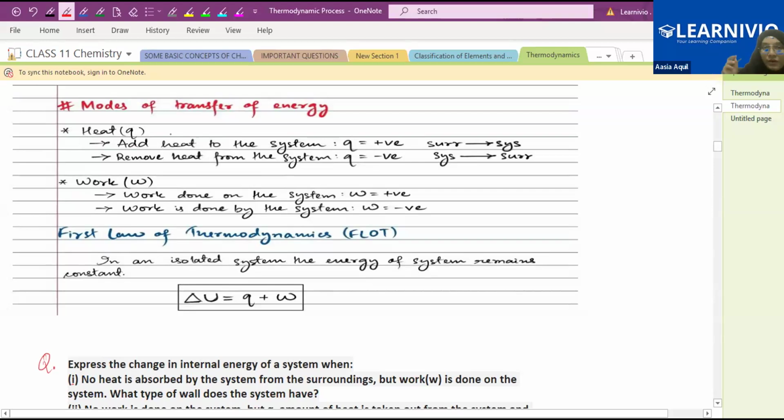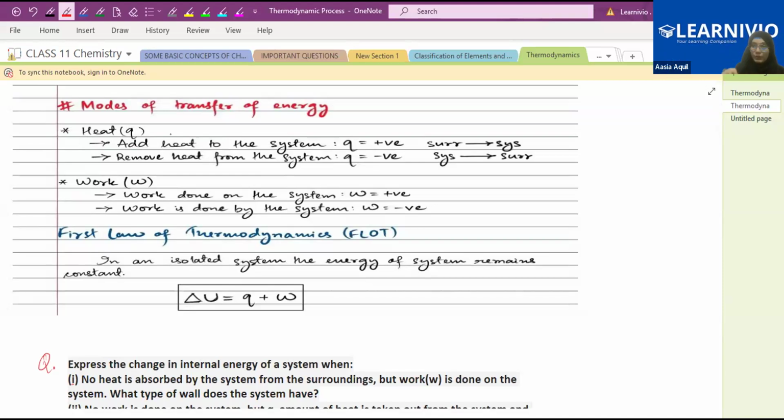Now, when you add heat to the system, and suppose it is given that heat is absorbed, what does this mean? It means that heat is positive. Q is positive. Q की value क्या है? Positive.